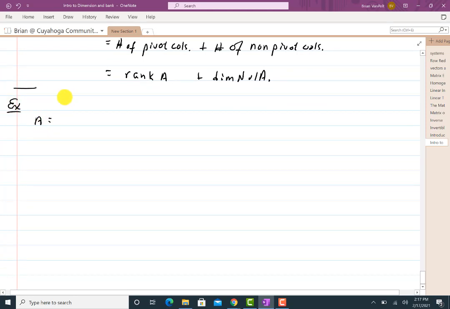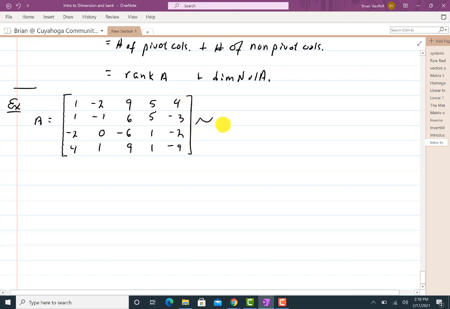As an example, let's let A equal 1 1 negative 2 4 negative 2 negative 1 0 1 9 6 negative 6 9 5 5 1 1 4 negative 3 negative 2 negative 9, and let's say that's row reducible to U. U has 1 0 0 0, negative 2 1 0 0, 9 negative 3 0 0, 5 0 1 0, 4 negative 7 negative 2 0.